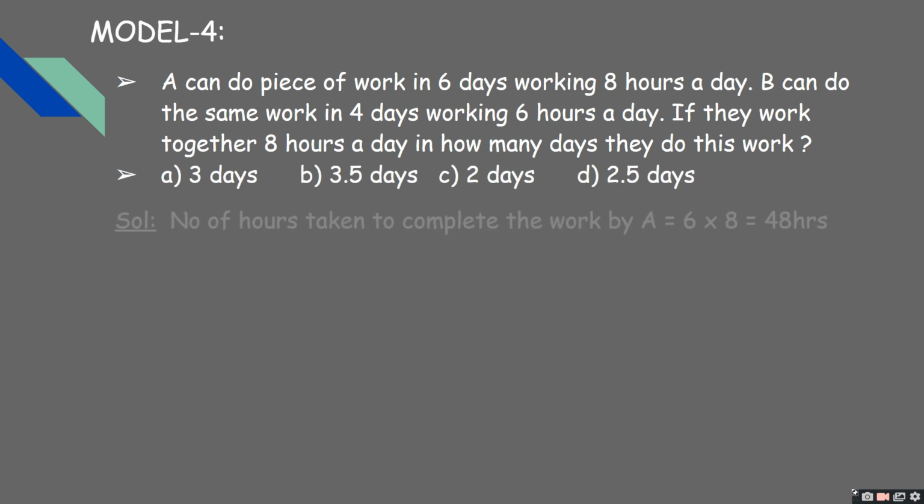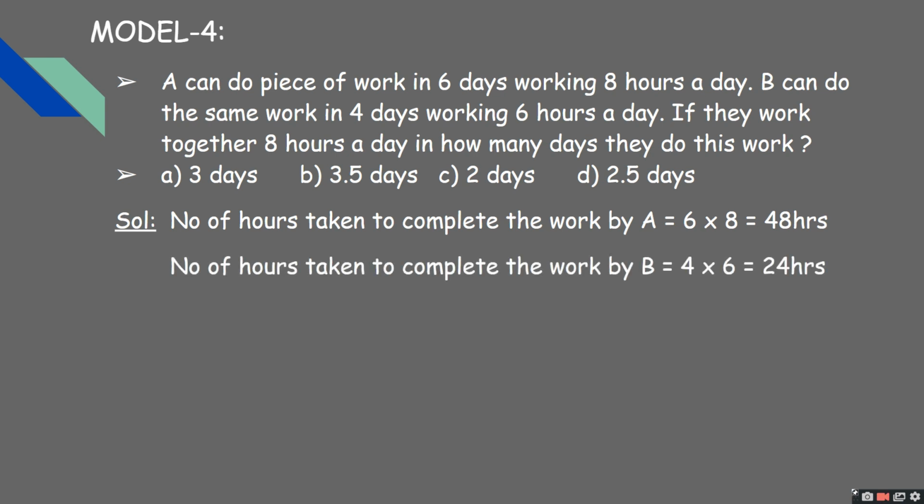So, we will convert the time into hours. The number of hours taken to complete the work by A equals 6 into 8, which gives 48 hours. Similarly, the number of hours taken by B equals 4 into 6, which gives 24 hours.